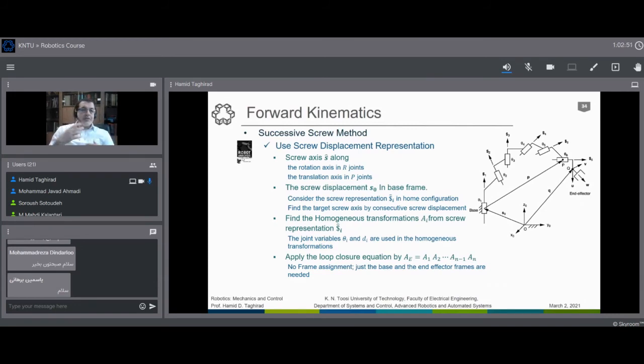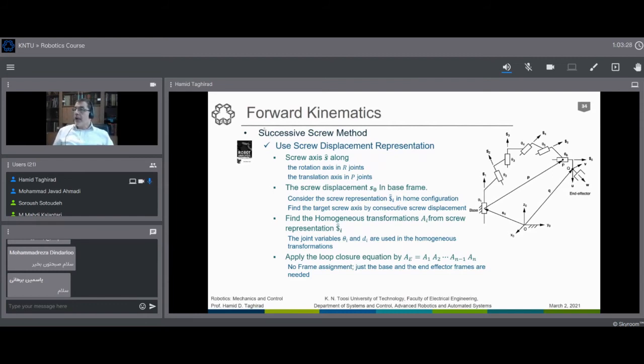So let me just remind you something about the screw, as I mentioned. As you see here, the method we are using is successive screw. We have a number of screws, and this represents the loop closure method. Instead of having a loop closure in terms of matrix form or vector form, we have a loop closure in terms of successive screws. We don't call it loop closure here, we call it successive screw.